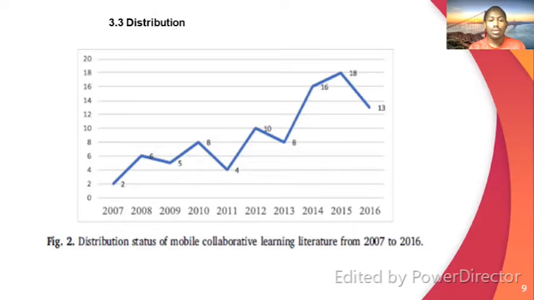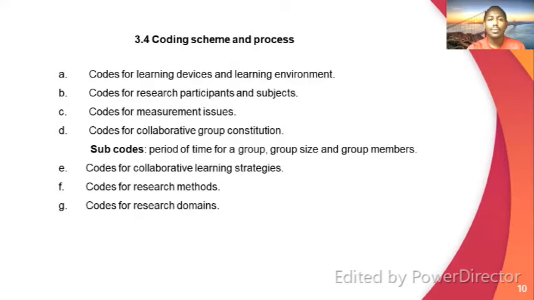Distribution status of mobile collaborative learning from 2007 to 2016: you can see the number of publications is increasing from 2007 to 2016.